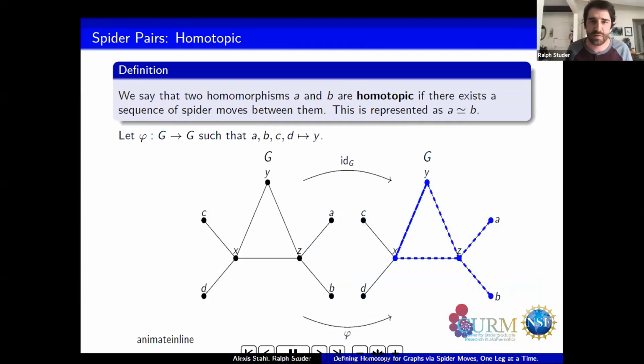We say that two homomorphisms are homotopic if there exists a sequence of spider moves between them. In this example, the antennae coming off of G are all folded into Y, so the identity of G is homotopic to the folded antennae on the right.